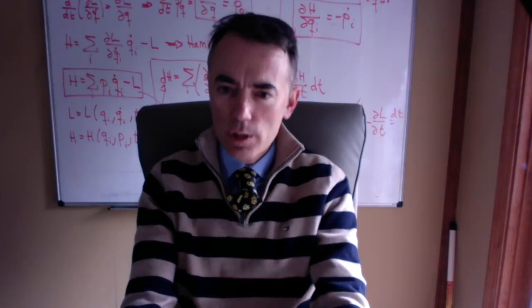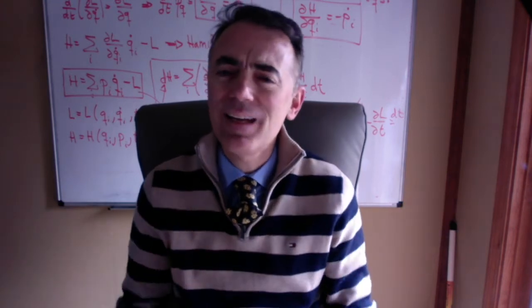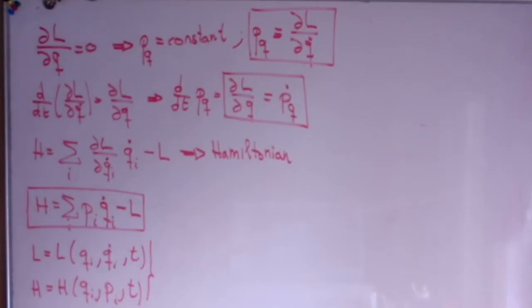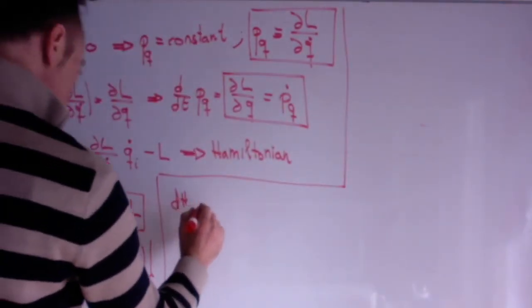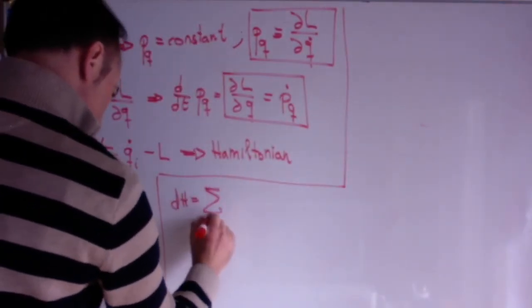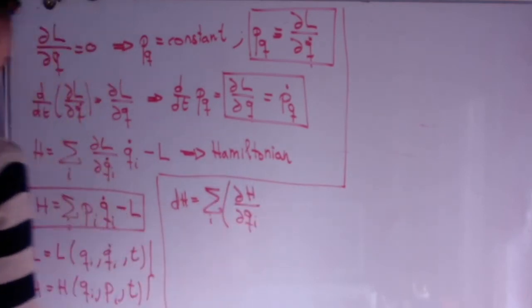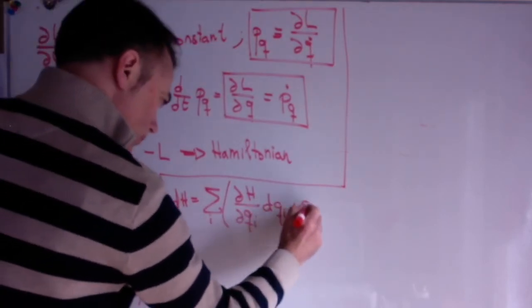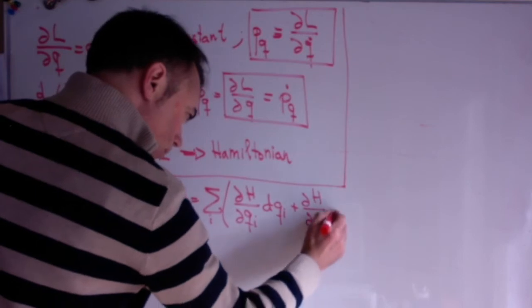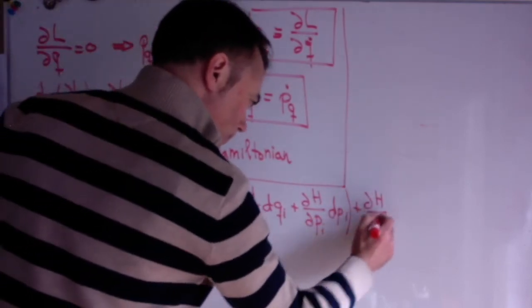Remember that the generalized coordinates can be the Cartesian coordinates, but could be any combination of coordinates that help describe the system. With this in mind, let's differentiate the Hamiltonian. We write dH as the sum of the partial of H with respect to the coordinates q times dq, plus the partial of H with respect to the momenta times dp, plus the partial of H with respect to time dt.